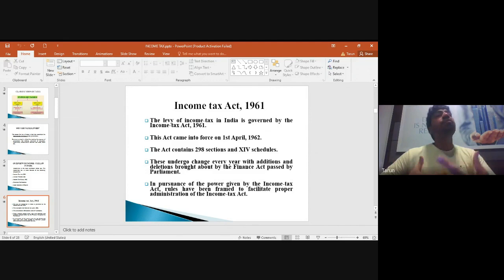They have full right to frame new rules and regulations relevant to the welfare of the people under the Income Tax Act 1961.